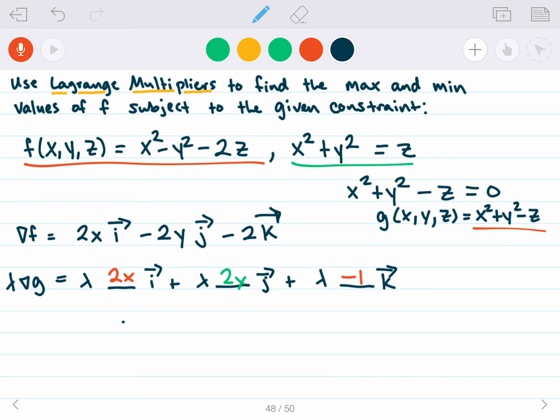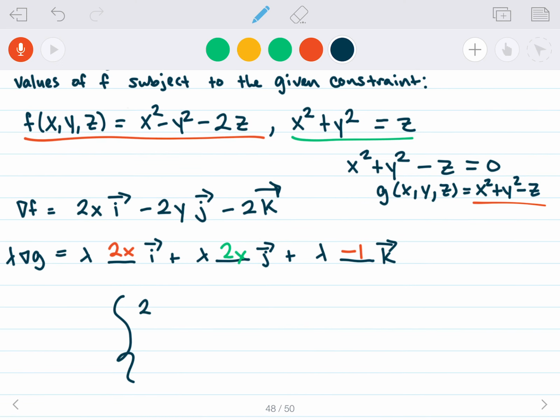So now my system of equations: I get 2x equals lambda 2x. And then negative 2y equals lambda 2y.